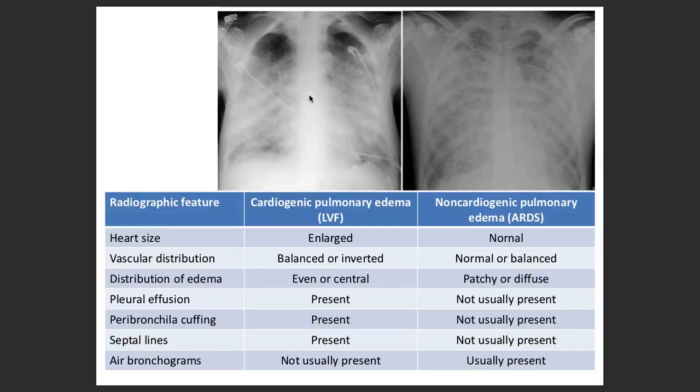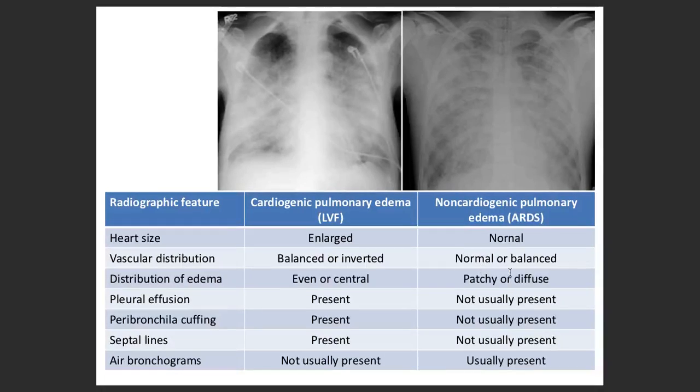Similarly, about the vascular distribution, it is going to be either balanced or in fact inverted. In ARDS, the vascular distribution is almost normal or balanced. Similarly, the edema in the cardiogenic cause is more even or central.